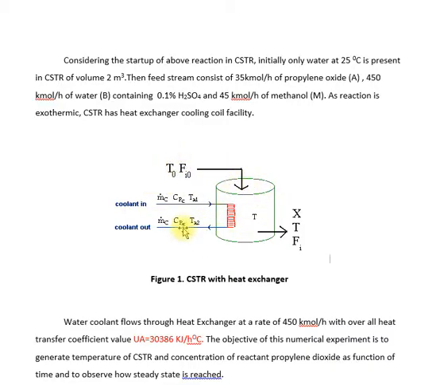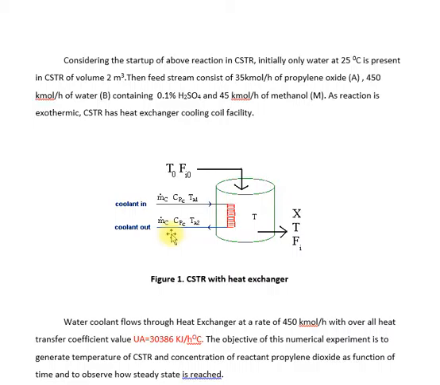Since the reaction is exothermic, we have a cooling arrangement because we want to control the temperature. The coolant mass flow rate and its inlet temperature are given. Now we want to predict the temperature profile of the reactor with time, and the concentrations.